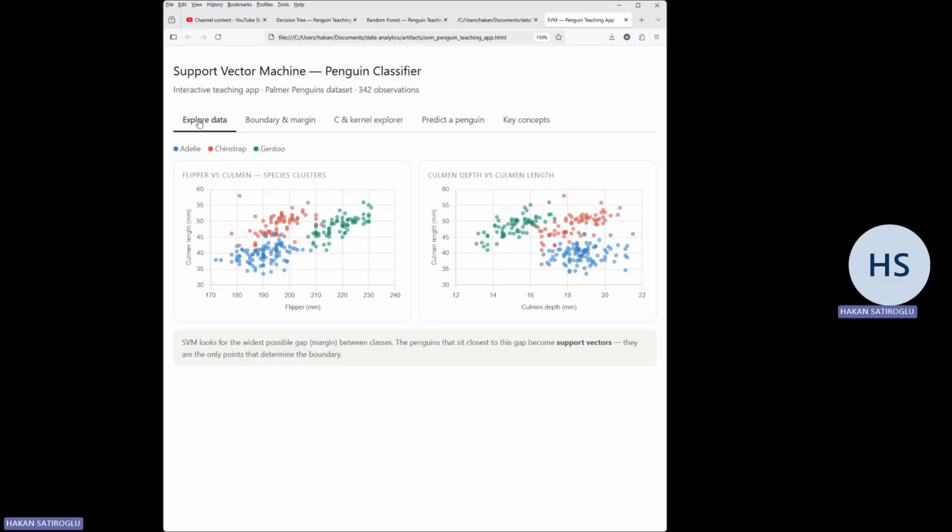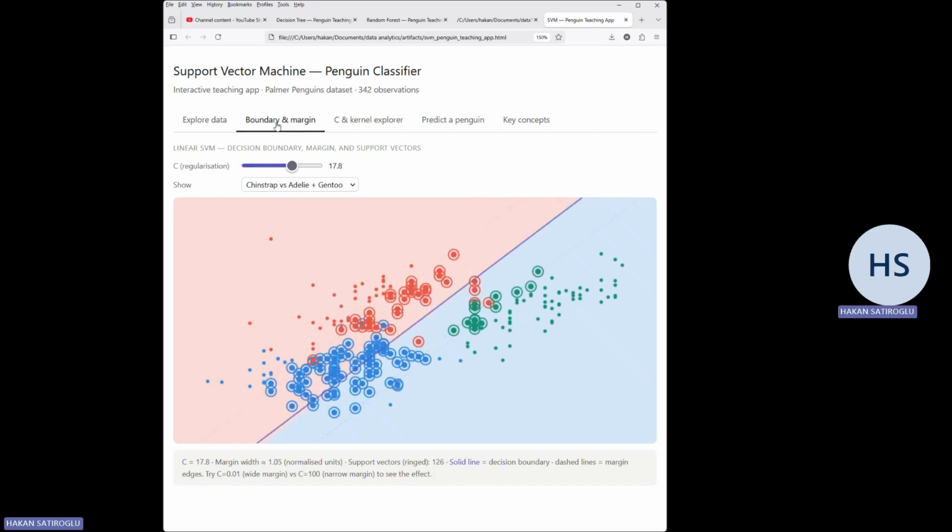This artifact introduced support vector machine as a classifier that works very differently from trees. The explore data screen shows the penguin species forming visible clusters in the feature space, which gives SVM something to separate. The boundary and margin screen shows the core idea of SVM.